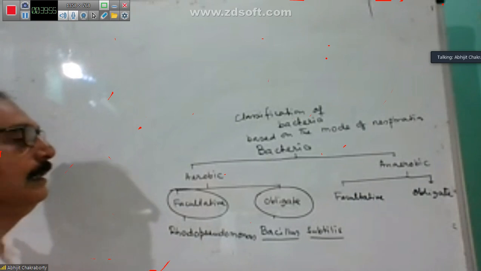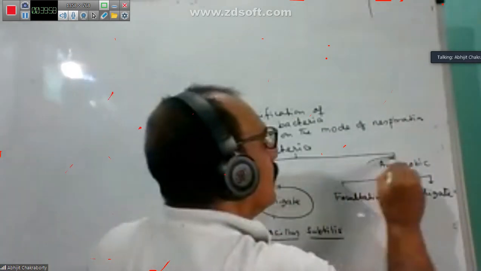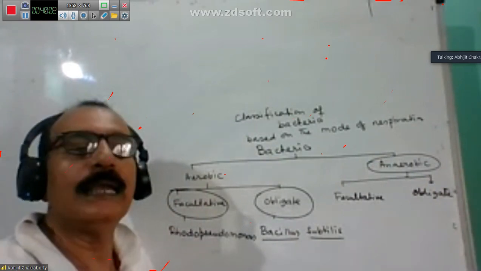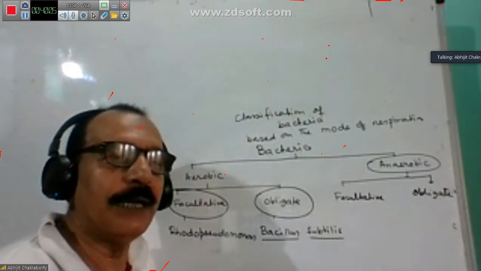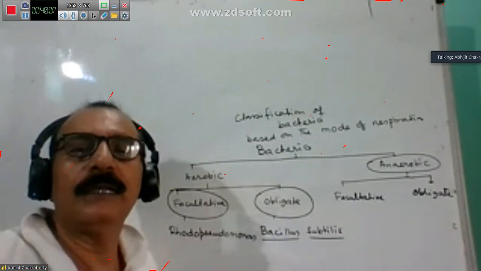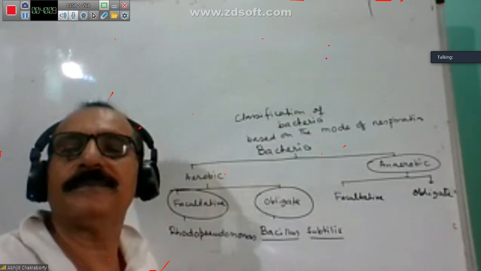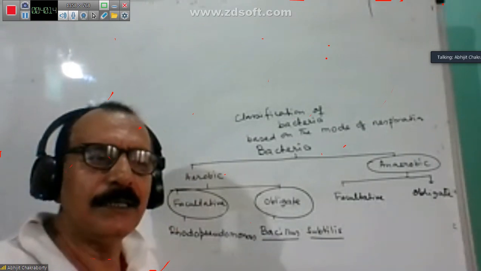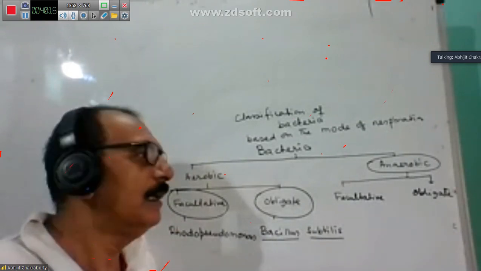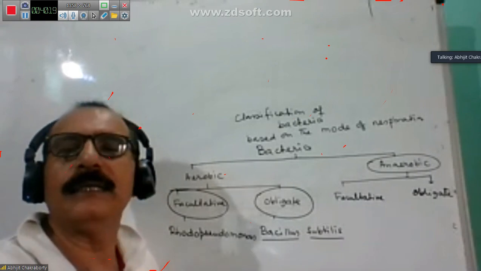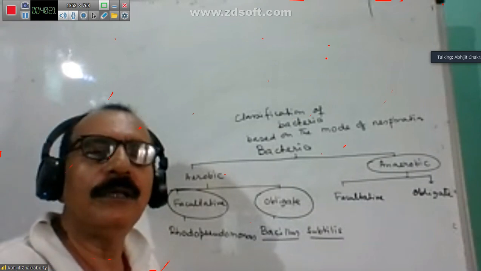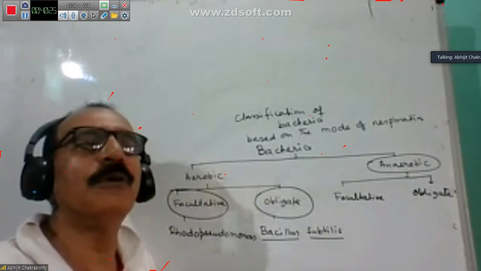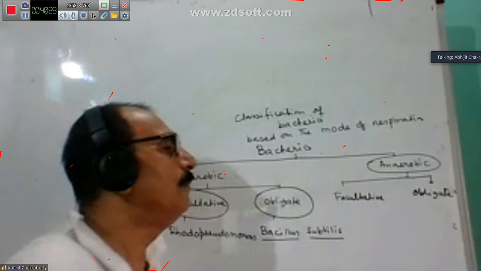Then regarding anaerobic, again two terms. One is obligate. They can survive only when oxygen is not available. That means they can survive only in absence of oxygen. Then they are called obligate anaerobic. That means for their survival, an anaerobic condition is required to be maintained. If somehow the condition cannot be maintained, then obviously they will die.